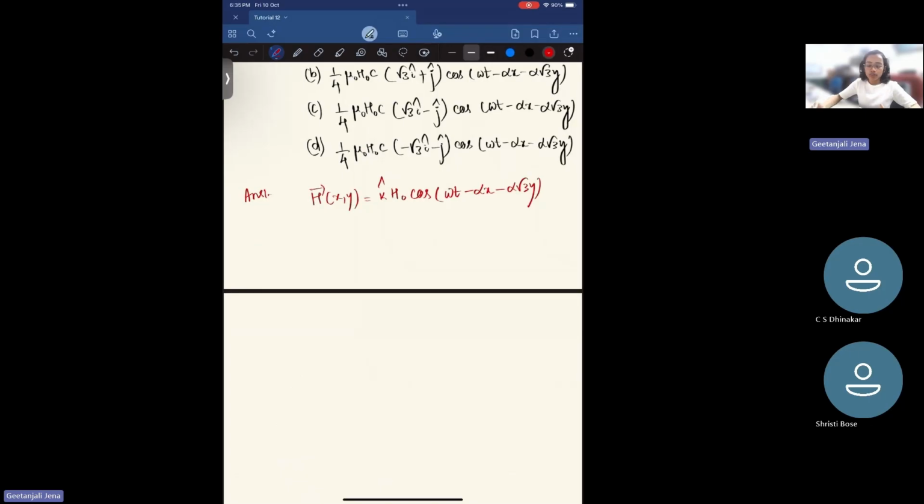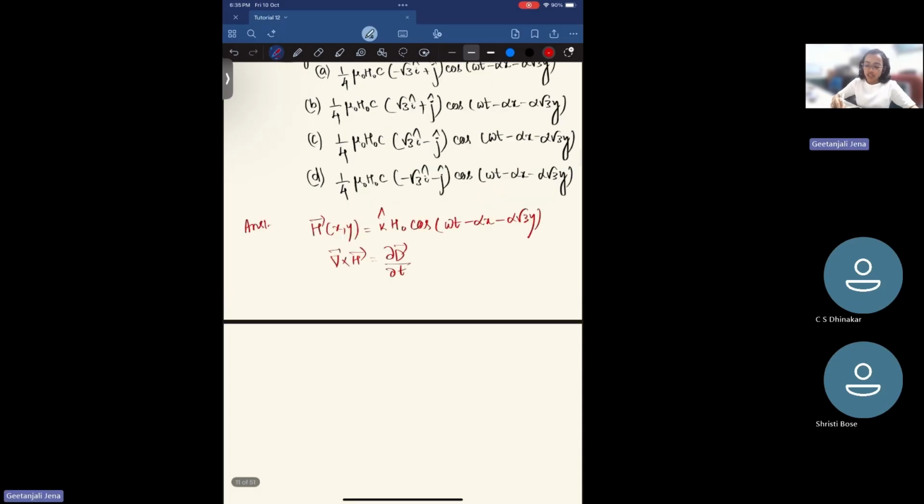So if you recall Maxwell's fourth equation, which is the modified Ampere's Maxwell equation, it is given by curl of H is epsilon dou E by dou t, right? Even though you don't know the direct simplified relation between E and H, you can easily find it out if you know Maxwell's equations correctly.